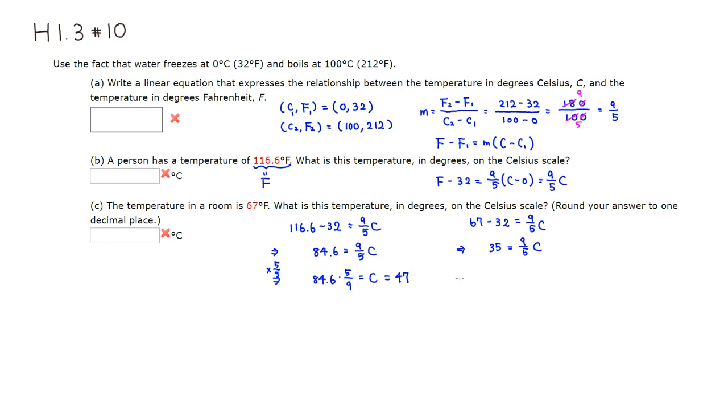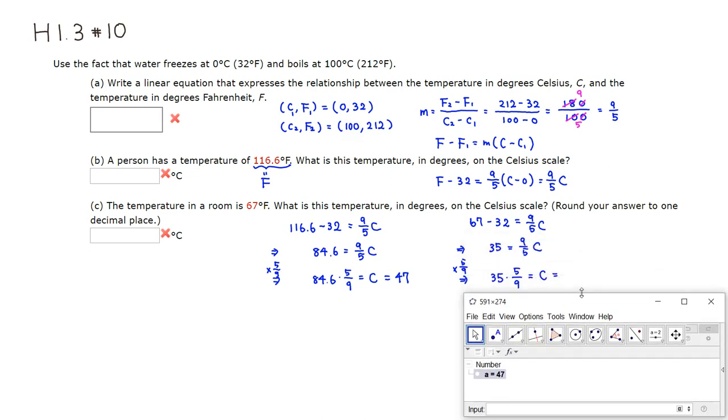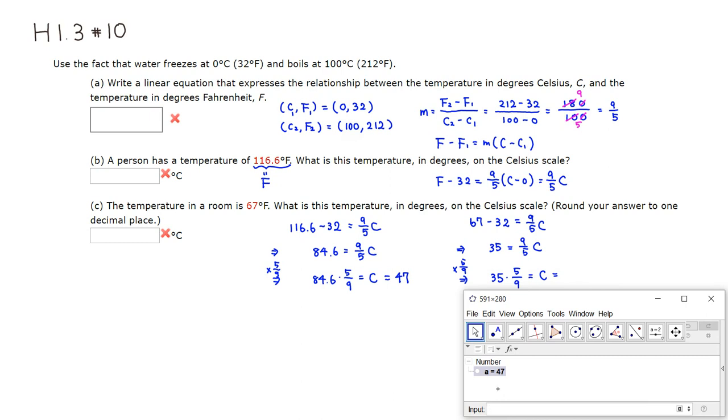To isolate C, we can just multiply through by 5 over 9. So you have 35 times 5 over 9, and that's going to give us C. Let's compute that: 35 times 5 divided by 9.